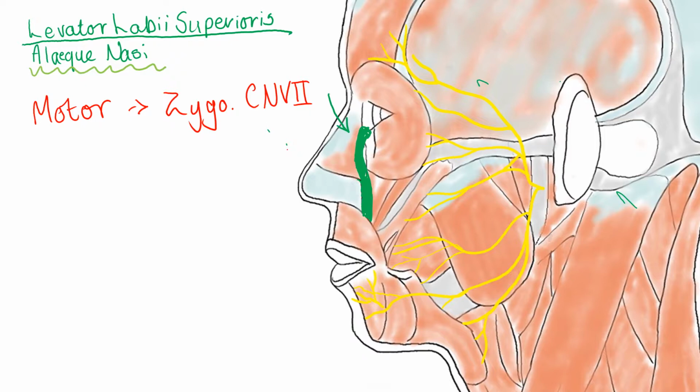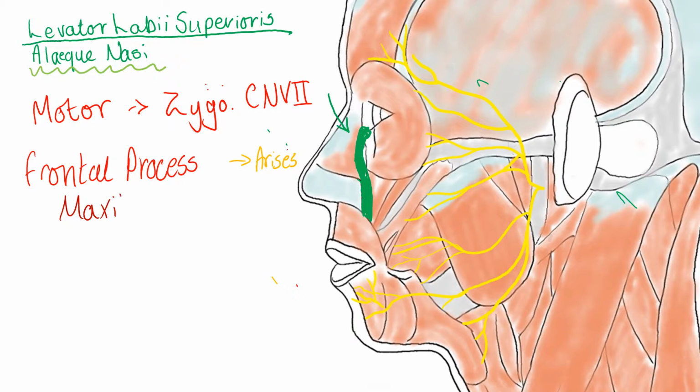It arises from the frontal process of the maxilla and has two sets of fibers.